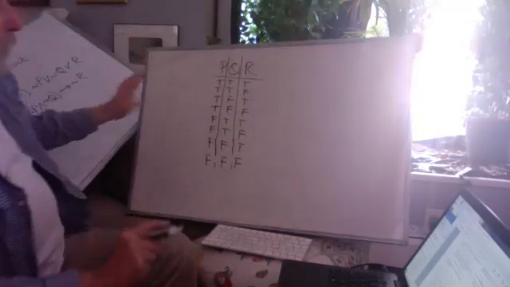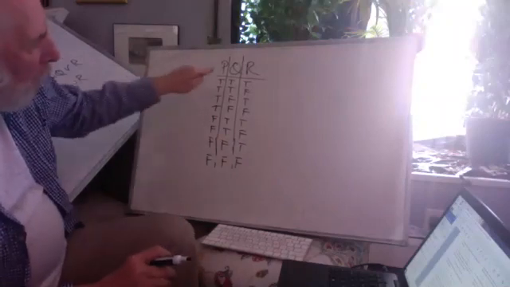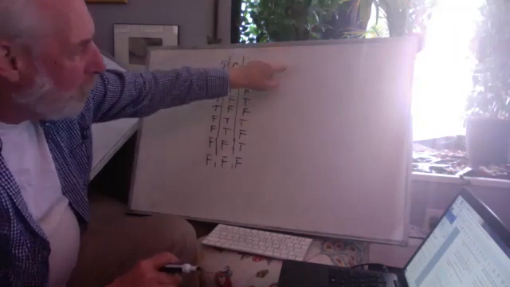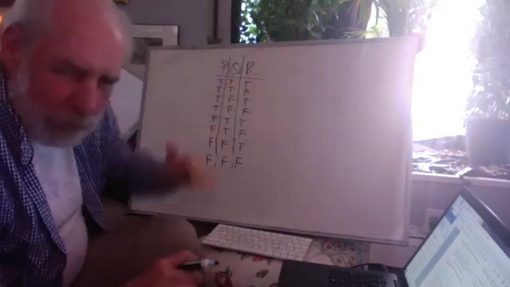So your truth table is going to have 8 rows. That's all possible combinations of true and false. And then over here, you'll have those 2 statements, and you just work out the arithmetic on that.